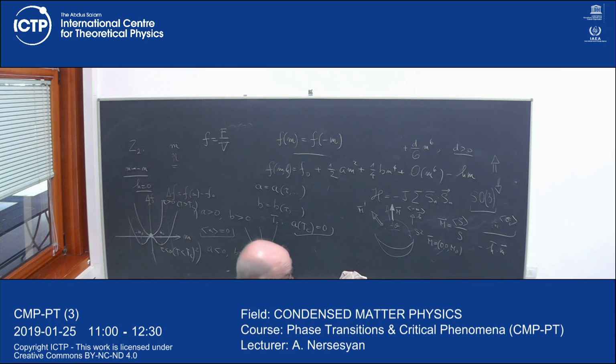Maybe sometimes it's easier to understand what's going on if you recall the physics of lattice vibrations. Suppose we have a one-dimensional system of equally spaced atoms. This distance is a0. And then we consider vibrations.